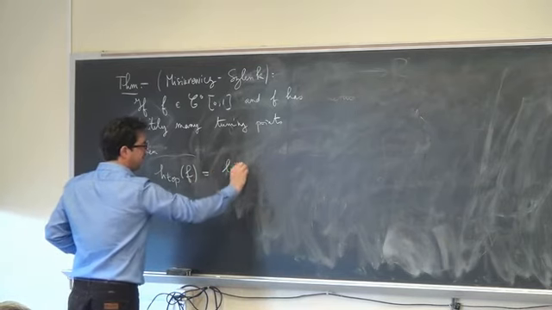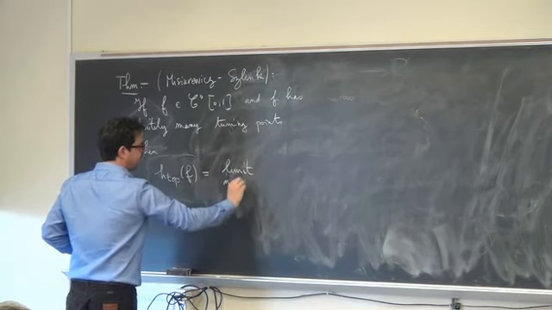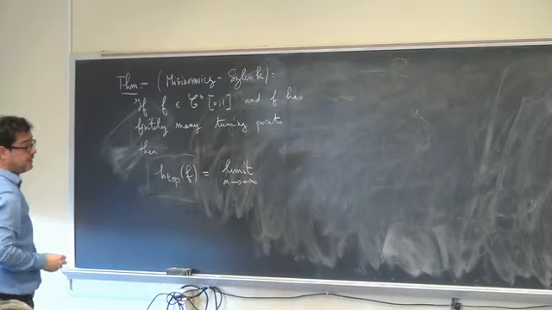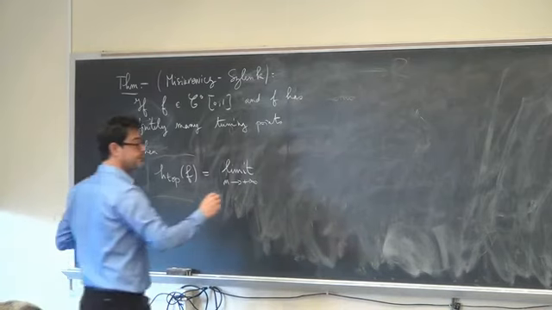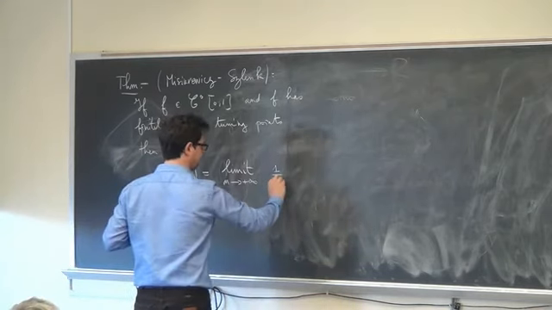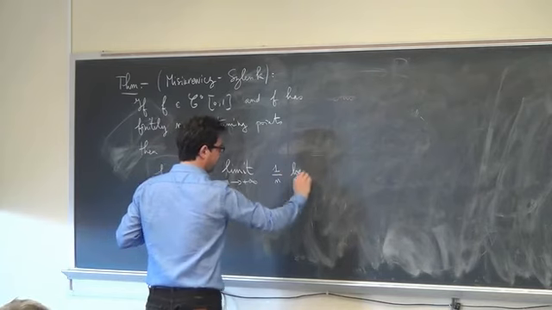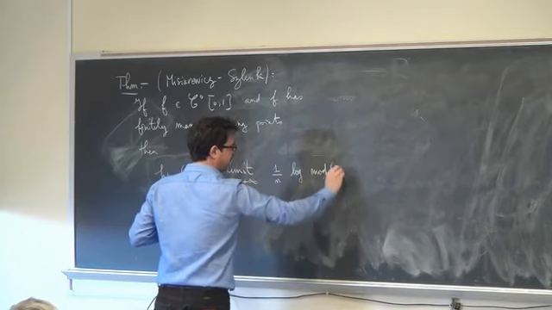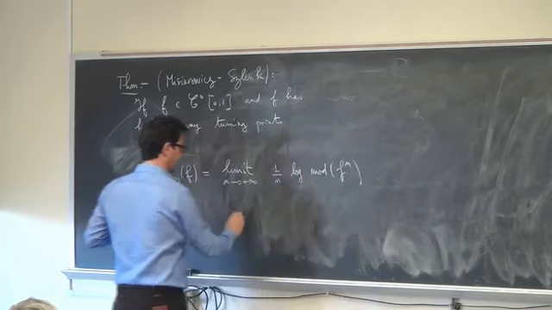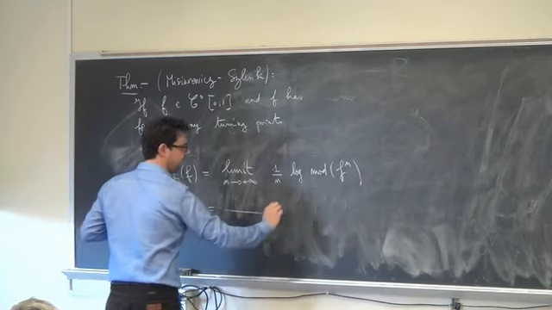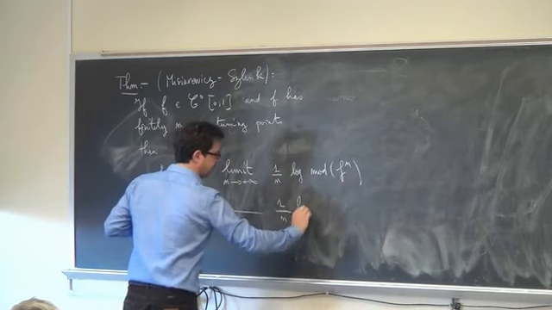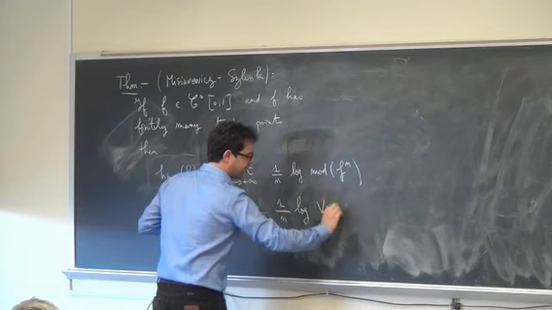It's the limit of the number of turning points, and it's also the limit of one over n times the log of the total variation.